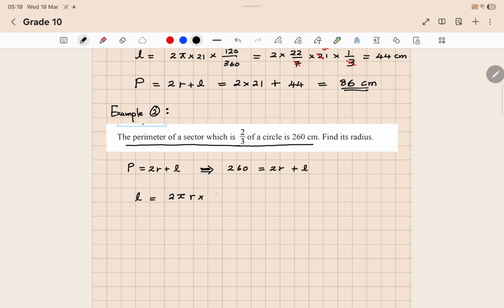So that means 240 over 360. 2/3 means the angle at the center is 240, but we'll use the simplified form. We want 2/3 of a circle. So L can be written as what? Let's substitute 22 over 7. 22 over 7 R times 2 over 3. So this becomes 88 over 21 R.